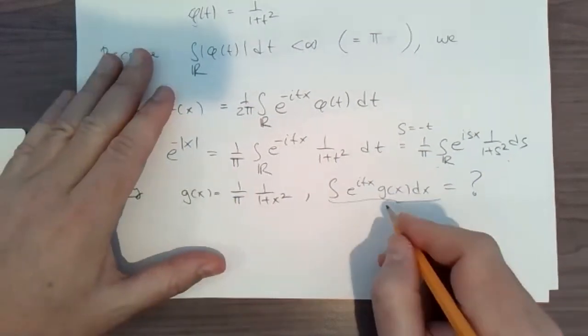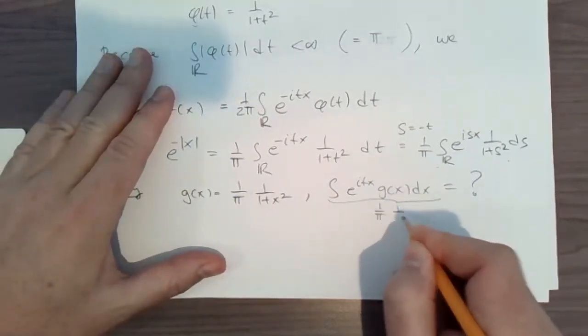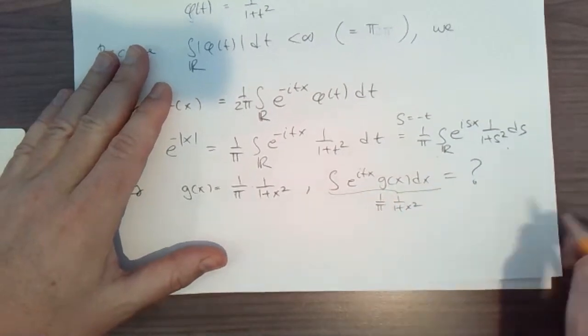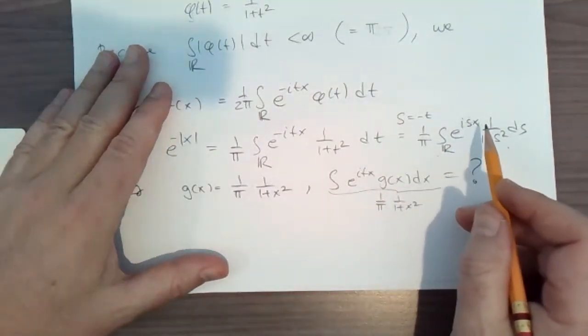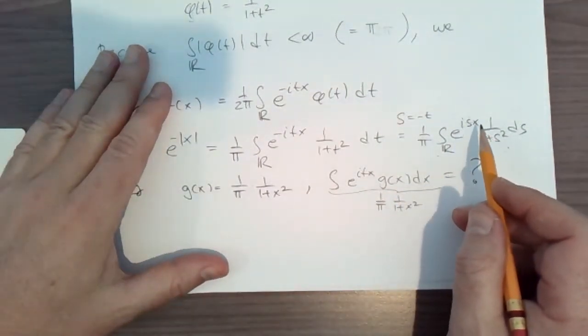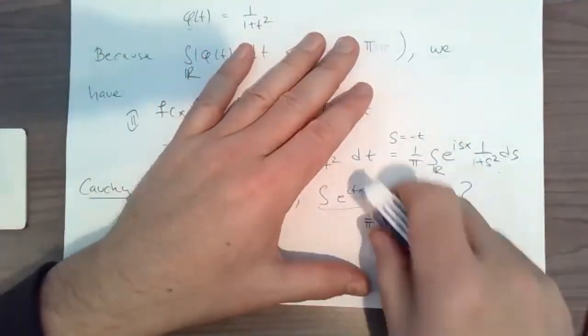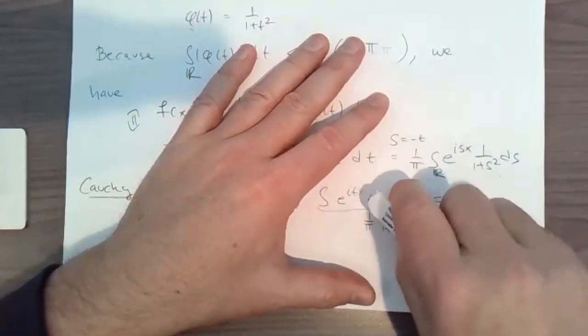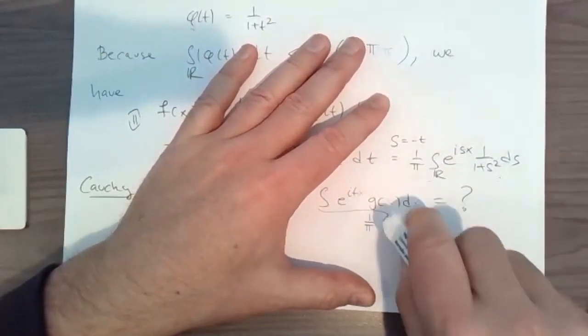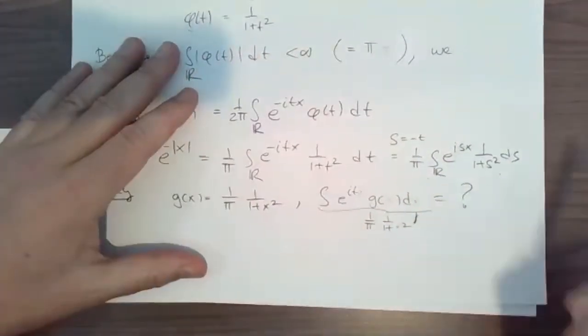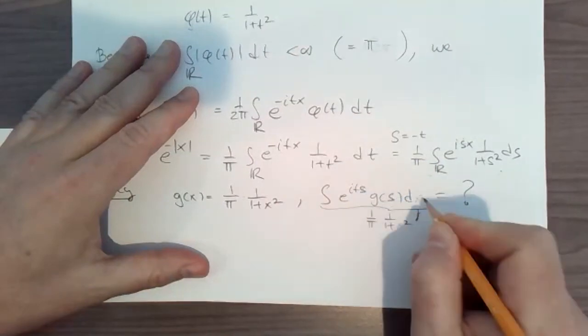Because g of x is 1 over pi, 1 over 1 plus x squared. It's just the roles of s and x are swapped. But of course, nothing prevents you from, instead of integrating with respect to x here, integrating with respect to any other variable, right? It's just a dummy. So you can put here an s if you want.